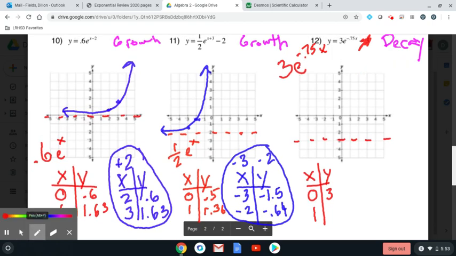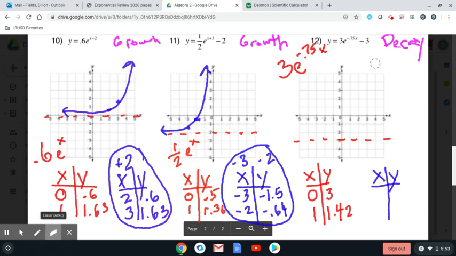Okay, so my next value would be 1.42. Now let's look at what our new T-chart should be. To get our two ordered pairs that we need to plot, we're going to first uncover the shift that was happening. We know we had a -3 at the end, and that affects our Y values by subtracting 3.